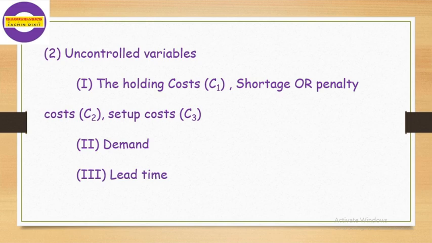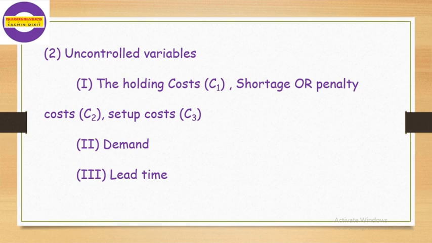Deterministic demand means the quantity needed over a subsequent period of time is known exactly. The known demand may be fixed or variable with time. Such demands are called static or dynamic.